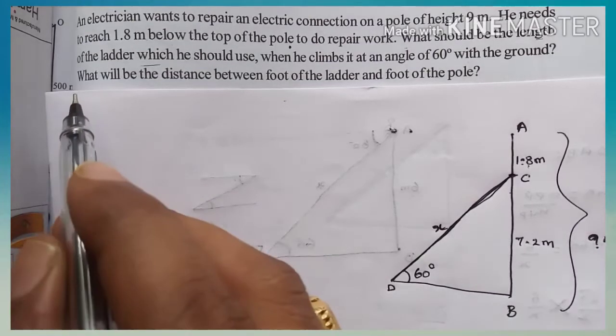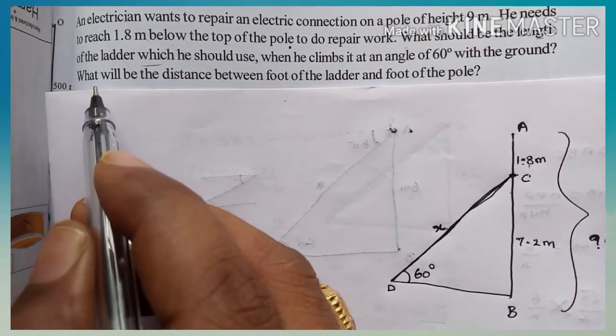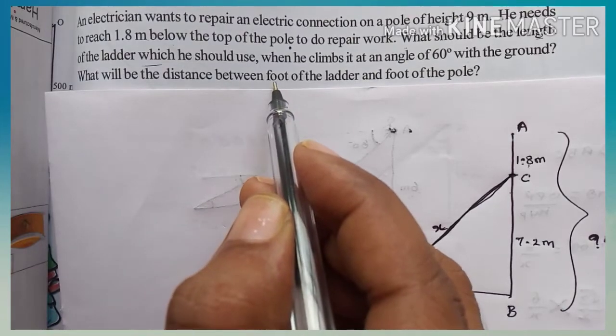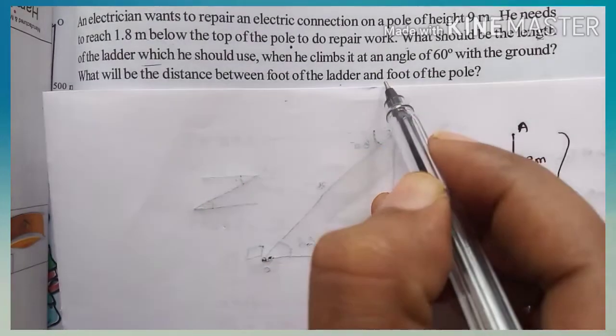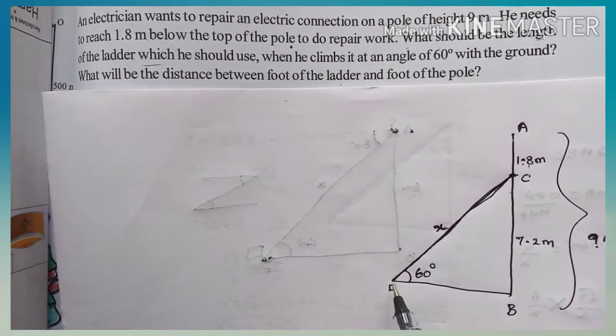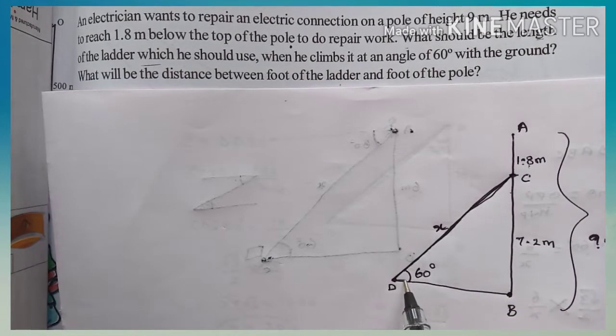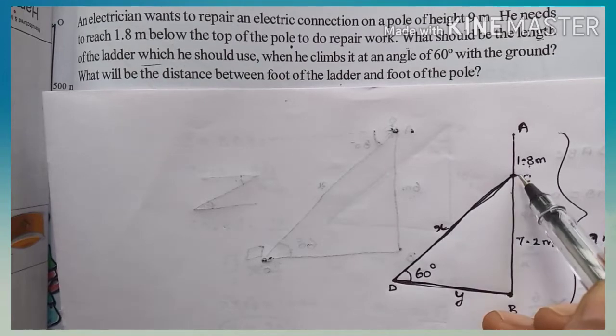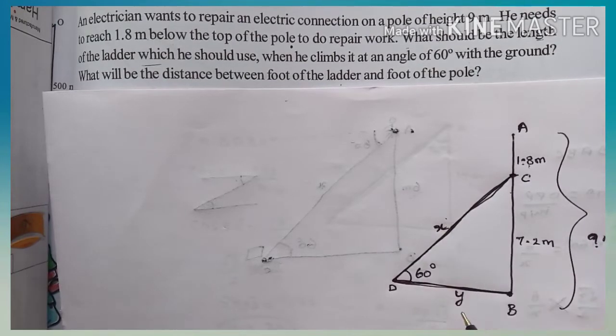Next, what will be the distance between the foot of the ladder and the foot of the pole? This we also have to find out, and it is called another variable y. So the ladder length is x and this value is y. Okay, let's solve this problem.